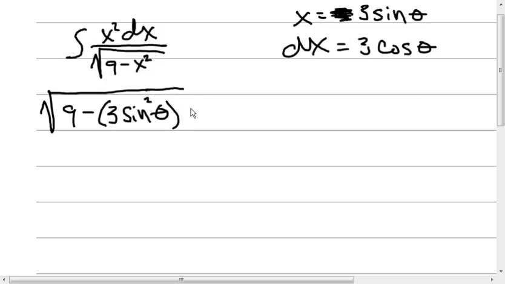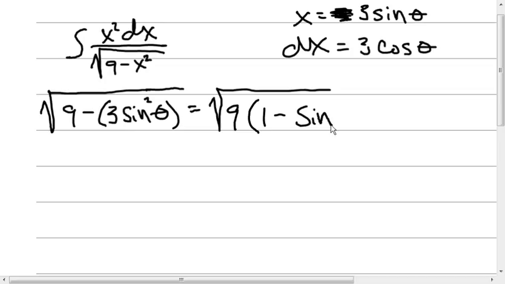And that, of course, we can multiply out and we get something of the form 9 times 1 minus sine squared theta. Oh, actually, that's better. I hope you saw that mistake when I wrote it down, because that whole term is being squared, because this whole thing is x.